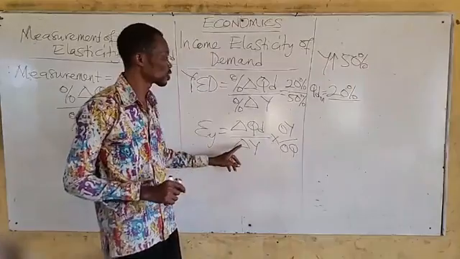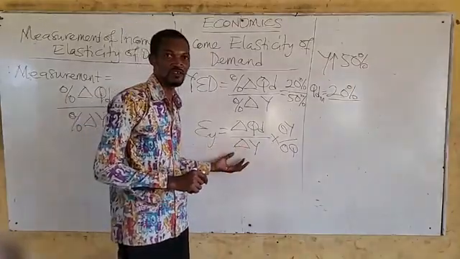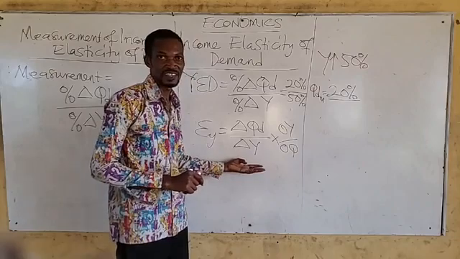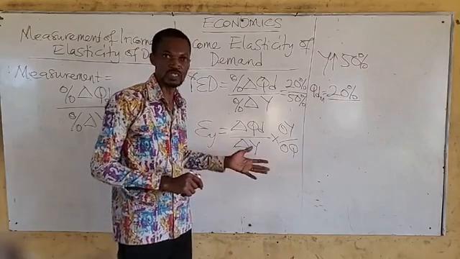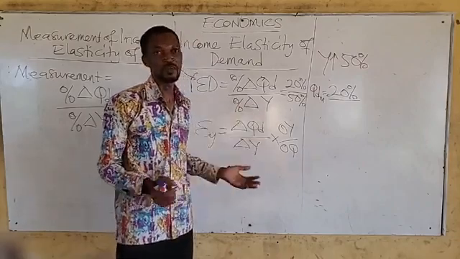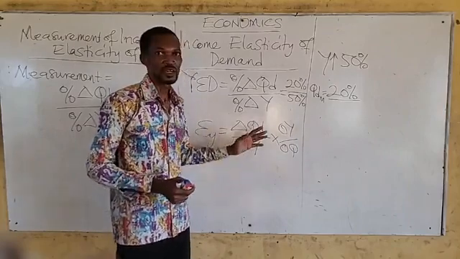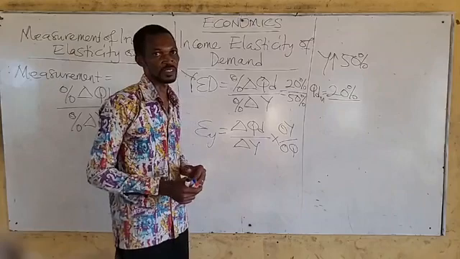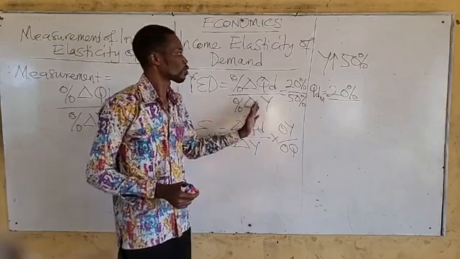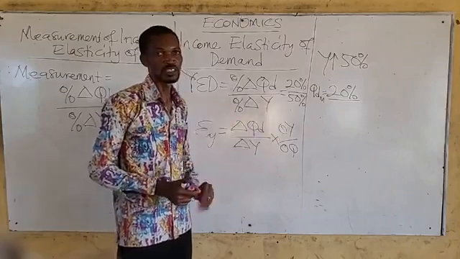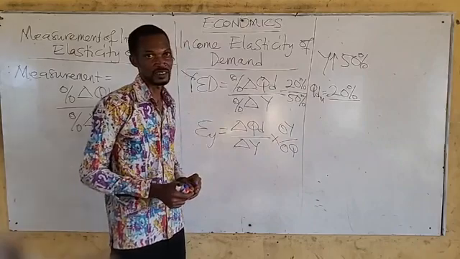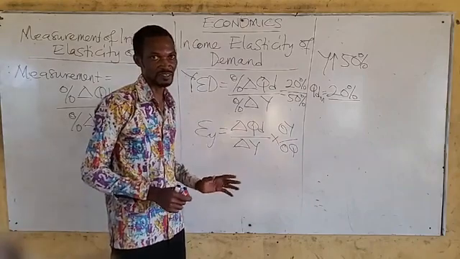Then you have to use what we call the proportional formula, which is written here. And it gives the same results as you use the percentage formula. And I'm going to illustrate that to you when I get to a certain point. But for now, this is one of the simplest ways of calculating income elasticity of demand. I hope that is clear.